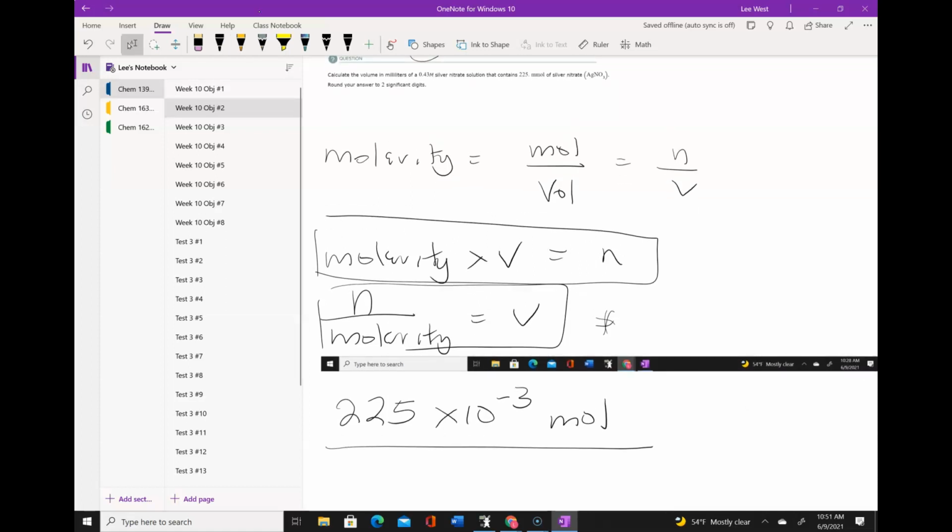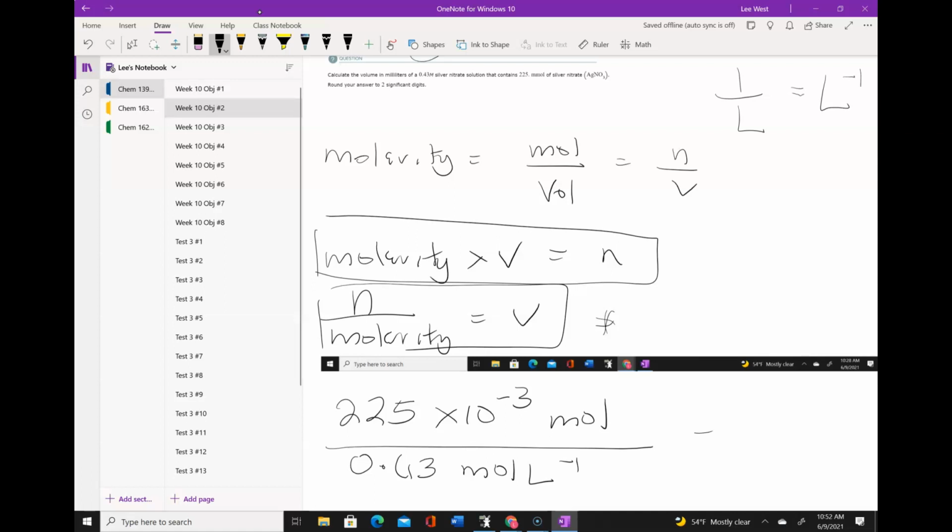And then the molarity of our solution is 0.43 moles per liter, or we can say liter to the minus 1, because remember, 1 on liters is the same as liters to the minus 1.